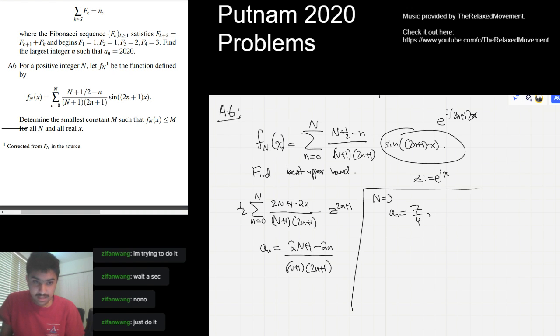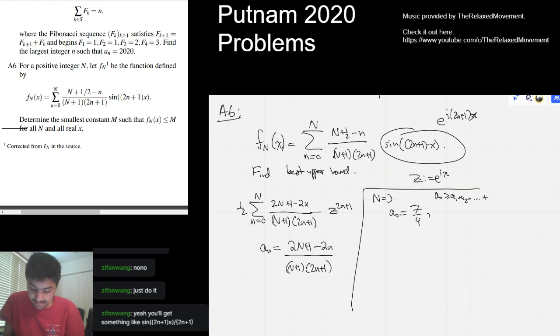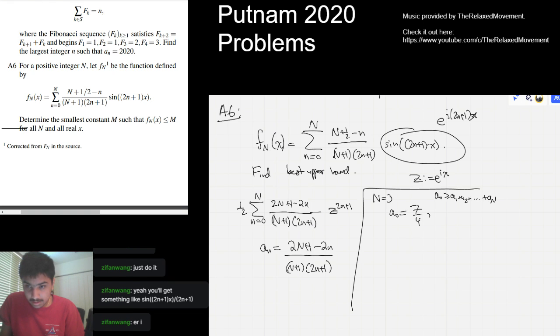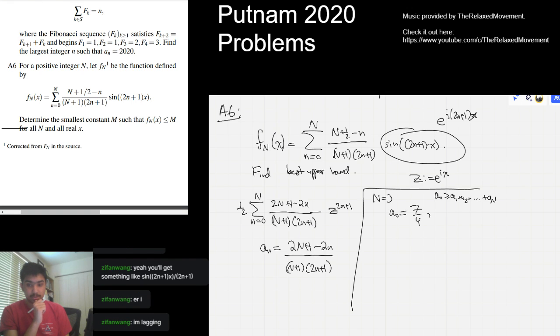In particular, if you somehow showed that a0 is bigger than a1 plus a2 plus up to a capital N, which might or might not be true, then you're done by smoothing to x equals pi over 2.